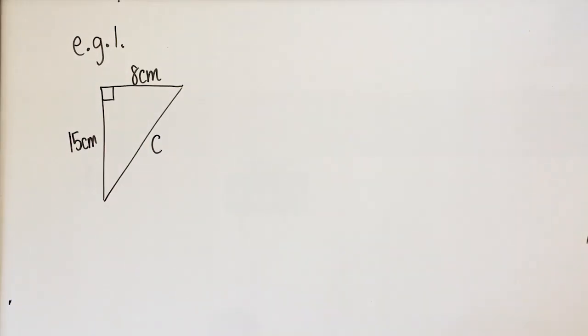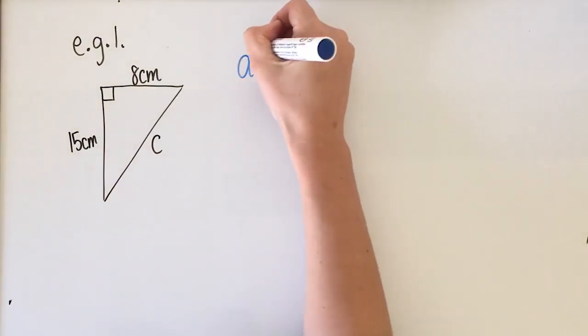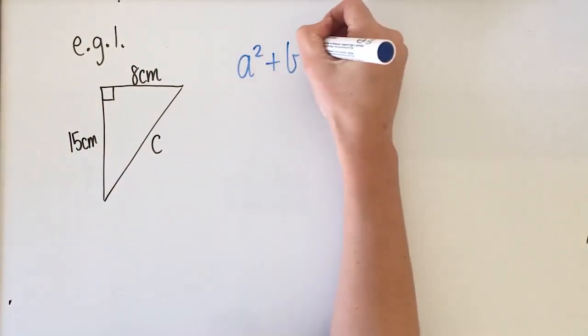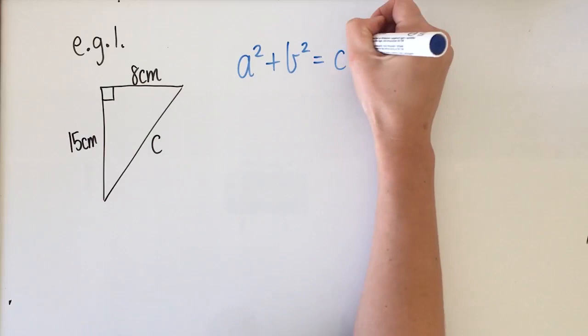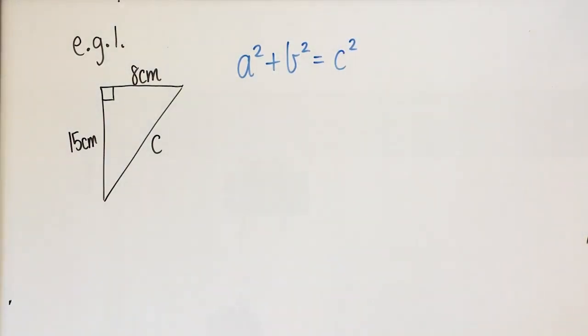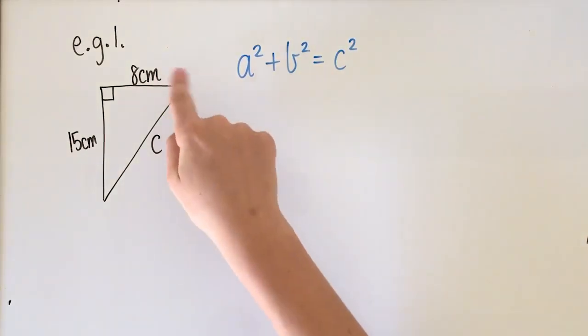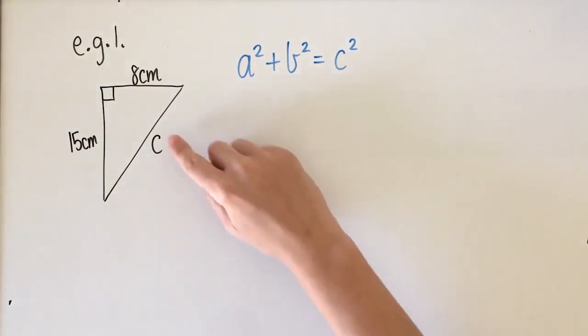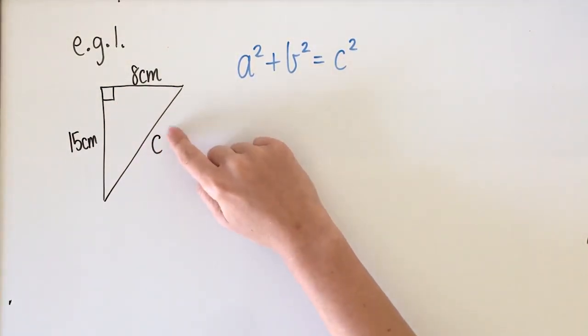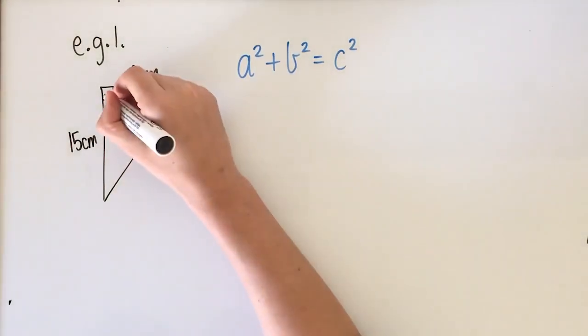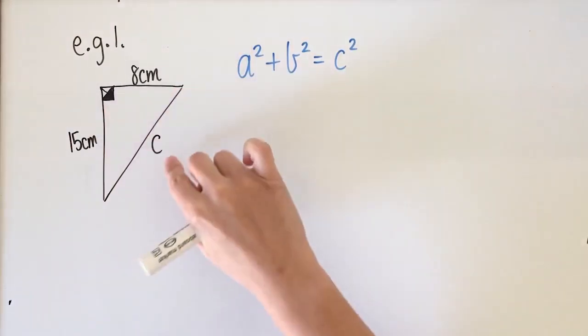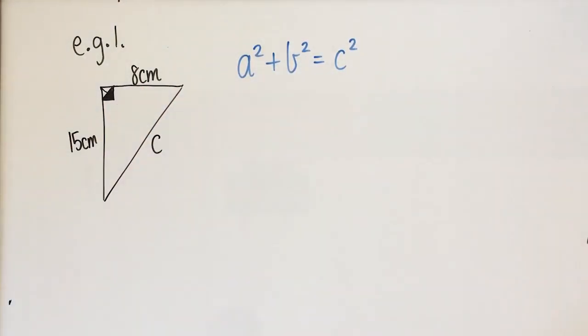So the first step, as always, is to write out the formula that you need. I know that a squared plus b squared will give me c squared. So I've written down my formula. Now I need to determine which side is going to be A, B, and C. As we've already established, this is going to be the hypotenuse, and from our last video we learned that the hypotenuse is always across from the right angle, so we can use this as an arrow.